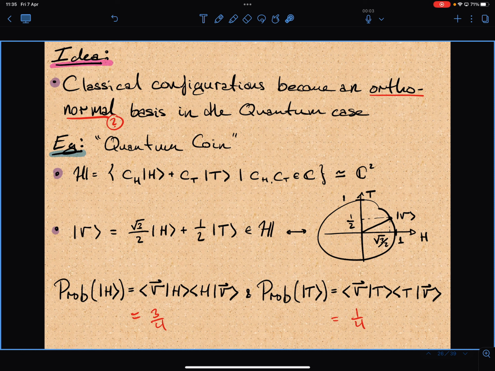So in that case, you look at L2 of R3, the square integrable functions on R3. That's still an infinite-dimensional space, and the linear operators there are differential operators. And then you move on to PDEs instead of linear algebra, and so it gets a lot messier. Does that make sense? So again, I just want to do the simplest thing.